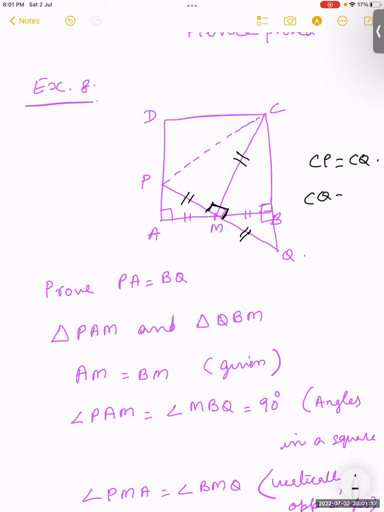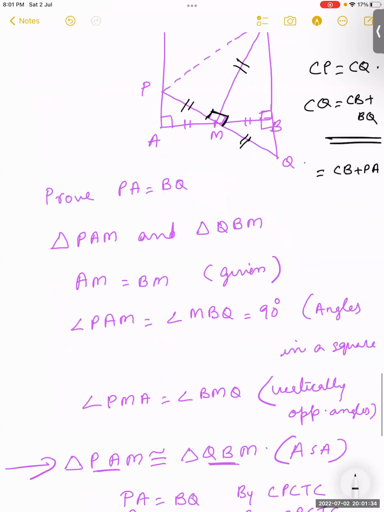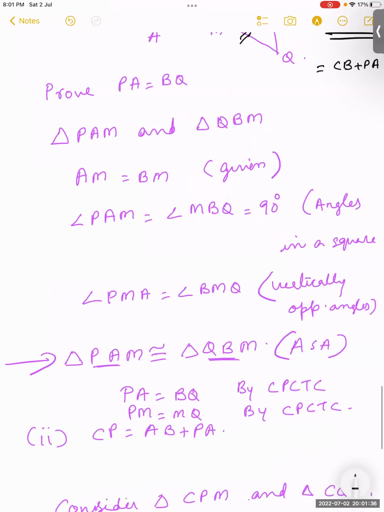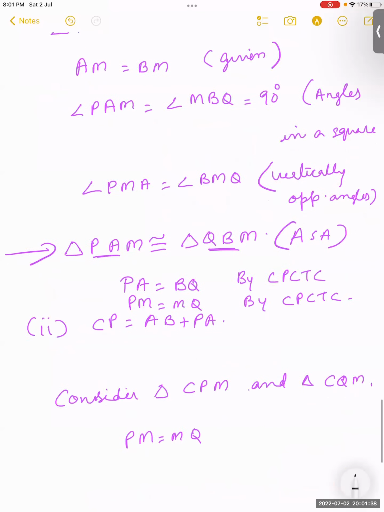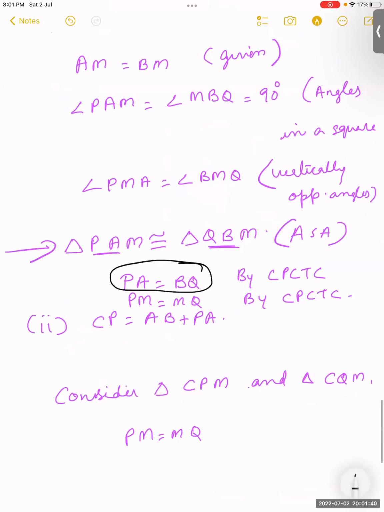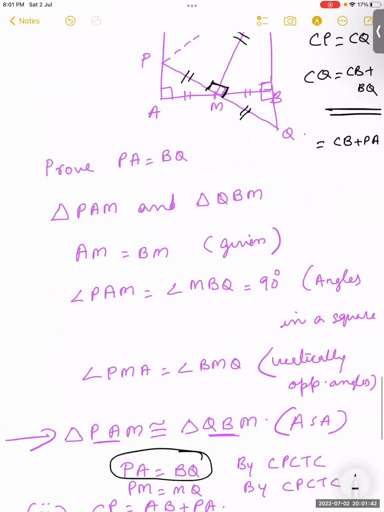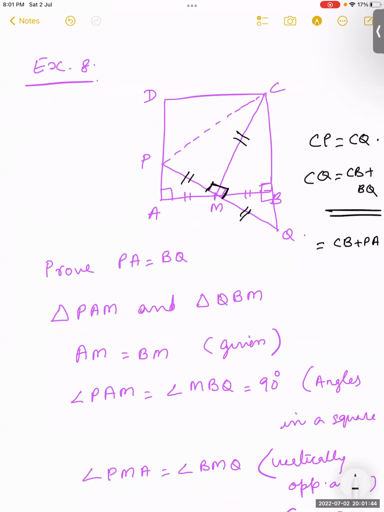CQ is nothing but CB plus BQ. And what is BQ? That we can also change. BQ is PA, because by the previous congruency we proved that PA and BQ are equal. So in the place of BQ, you just write PA, hence proved. Clear?